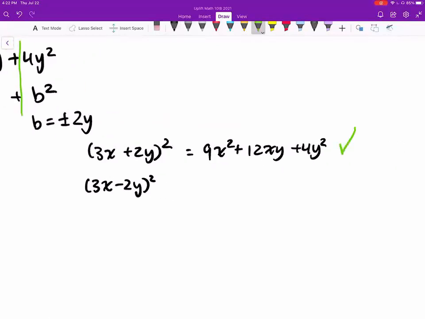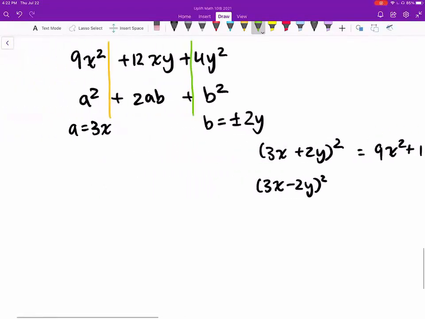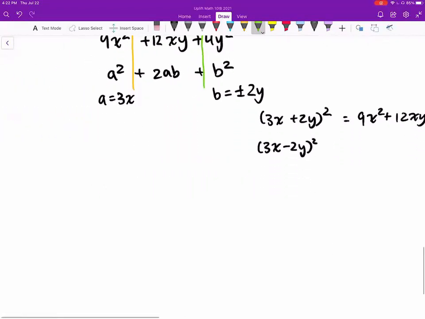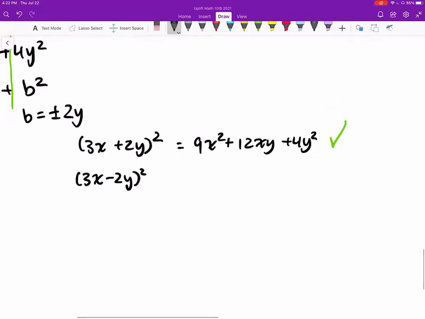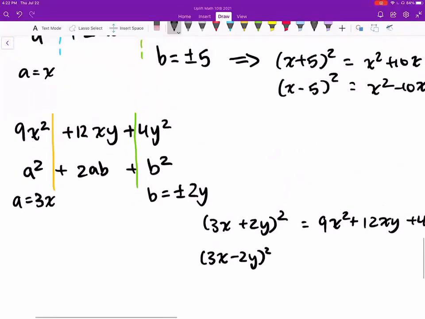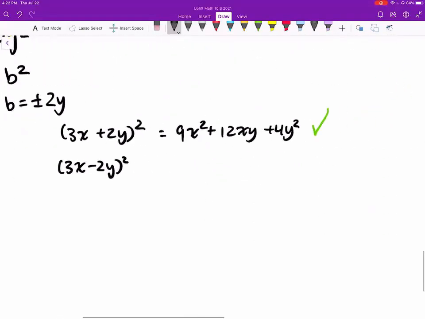So from here, we already know that it's a perfect square trinomial. And there is a correlation between the second term in the binomial and the middle term in the trinomial. If the middle term in the trinomial is negative, then the b term in the binomial must be negative as well. If this is positive, then the middle term is also positive.